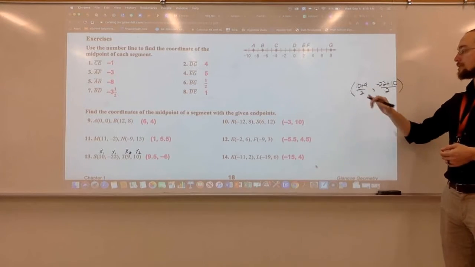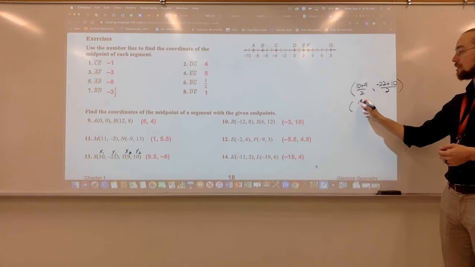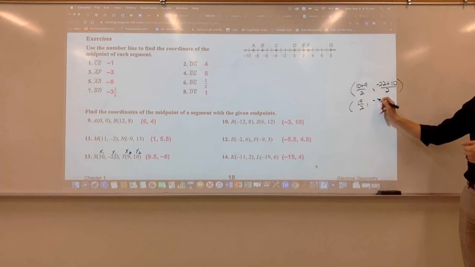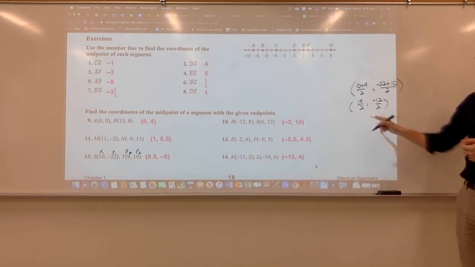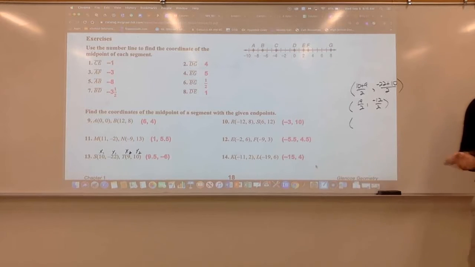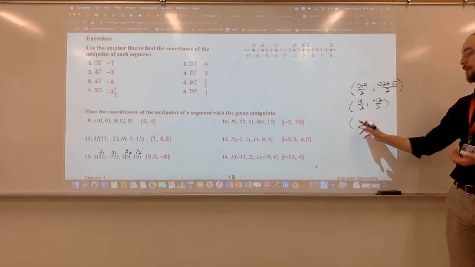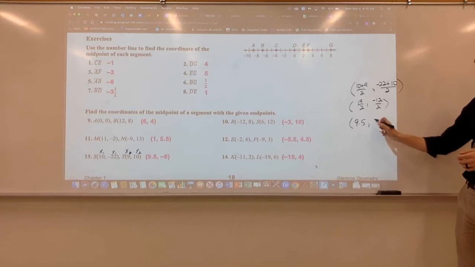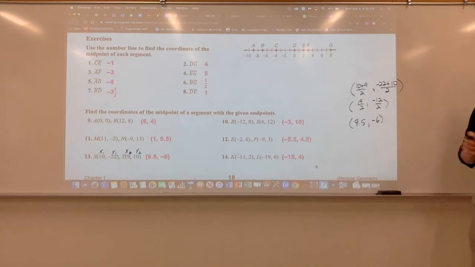So 10 plus 9 is 19 divided by 2. -22 plus 10 would be -12. Then 19 divided by 2 would be 9.5, or we could just leave it as this improper fraction. Either way. And then -12 divided by 2 would be -6.